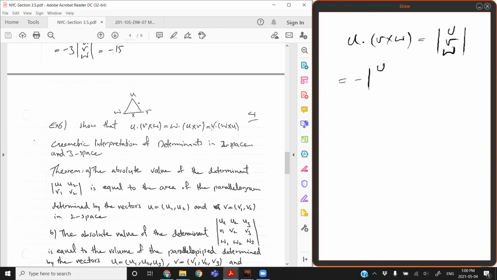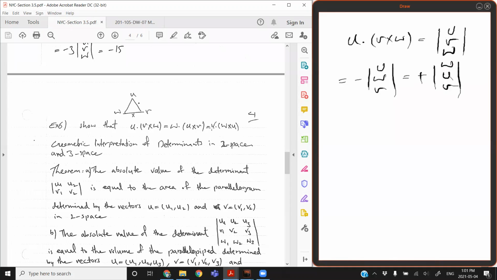Let's just swap the second row and the third row. I get W V, yes, and then I do another swap. W goes up, V, U goes here, and V stays where it is. And then since I'm doing 2 swaps, I go back to plus.